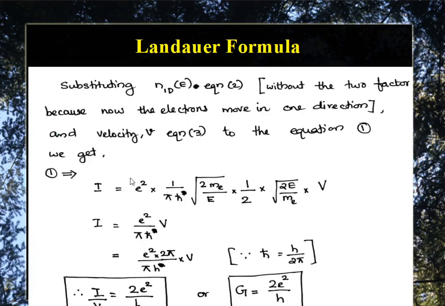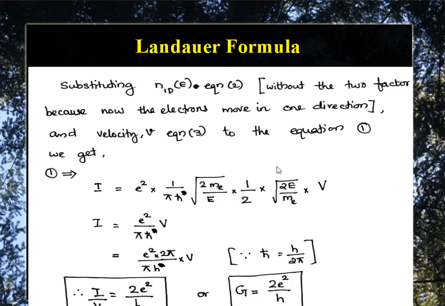When you substitute N1D, that is 1 by pi h-cut square root of 2 m_e by E into 1 by 2, you are cancelling out the factor 2 which was substituted earlier in module 1. So be careful about that.